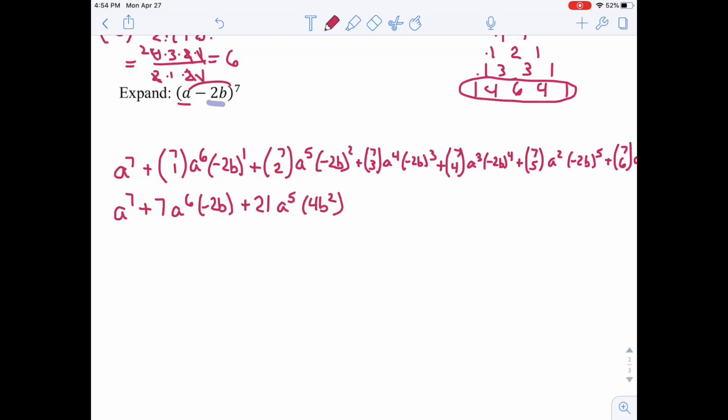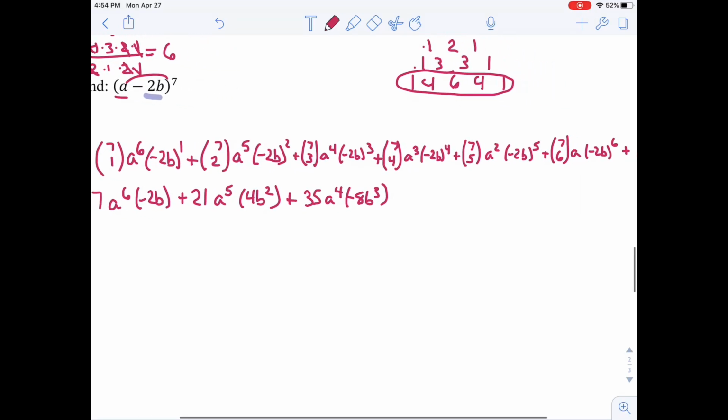You've got to be careful here because we actually have to do negative 2b squared, which is 4b squared. Then 7 choose 3 is 35, a to the 4th, and then negative 2b to the third is negative 8b to the third.